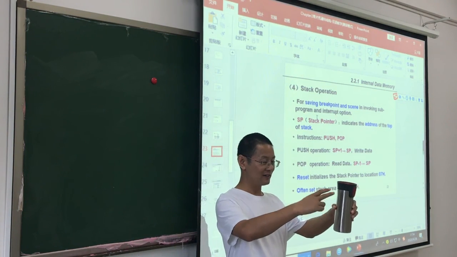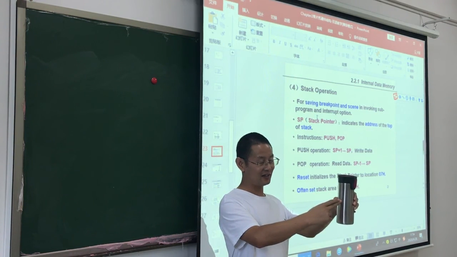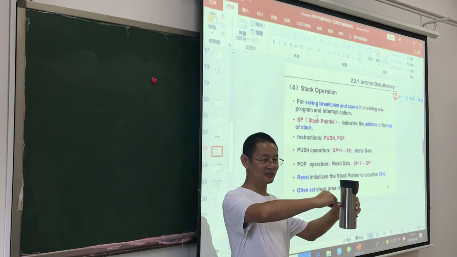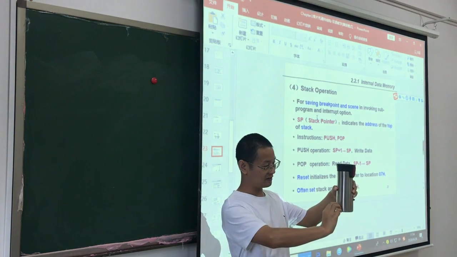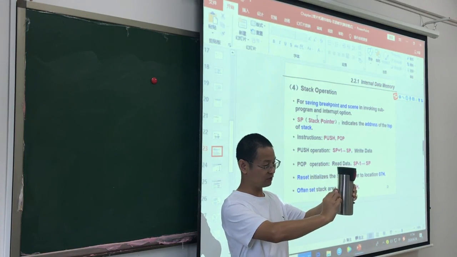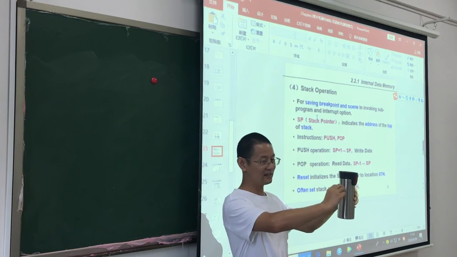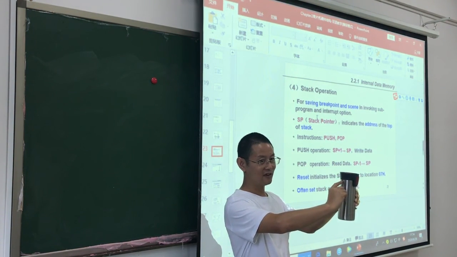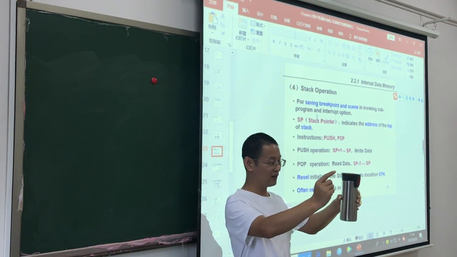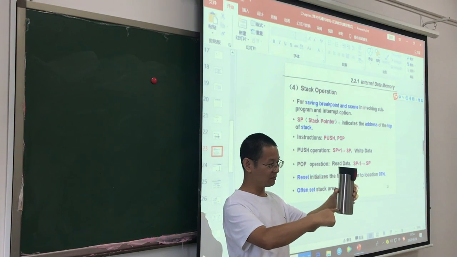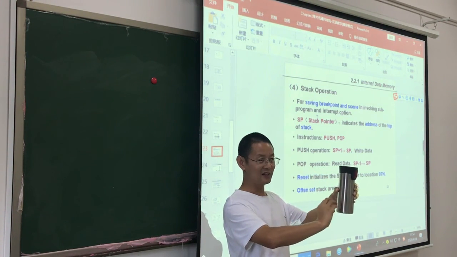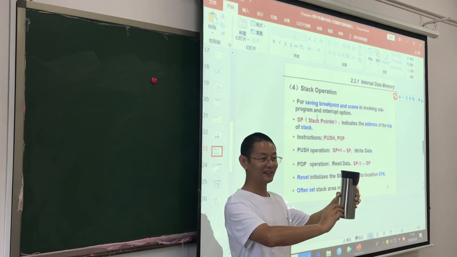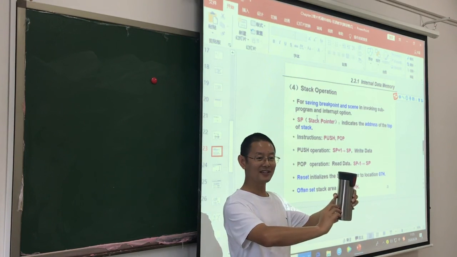If this bottom is a stack, when you put something into the stack, put 1, put 2, put 3, and when you get something out of the stack, you get it out from the top. So if you put it in at the bottom firstly, you must get it out lastly.